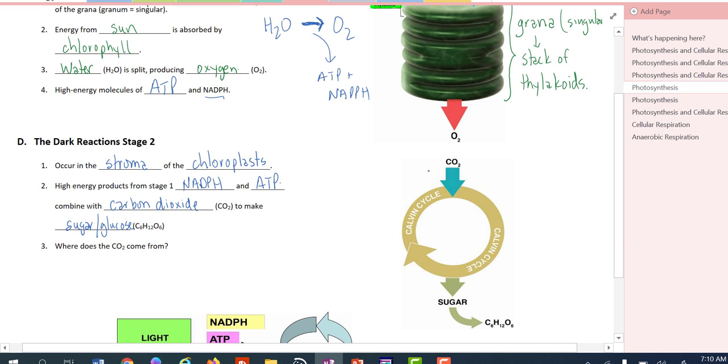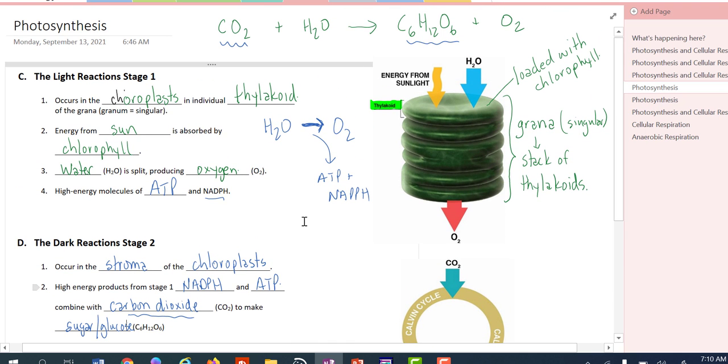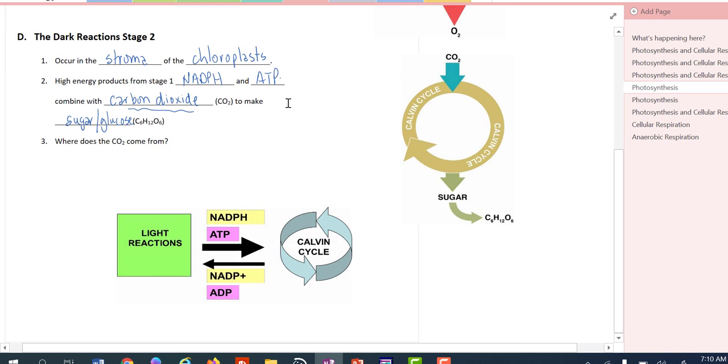So we have this input. Here's our CO2 now. If we go back up to the top, we need CO2. So here's our CO2 input into this Calvin cycle, and that CO2 along with our ATP and this other molecule, NADPH.